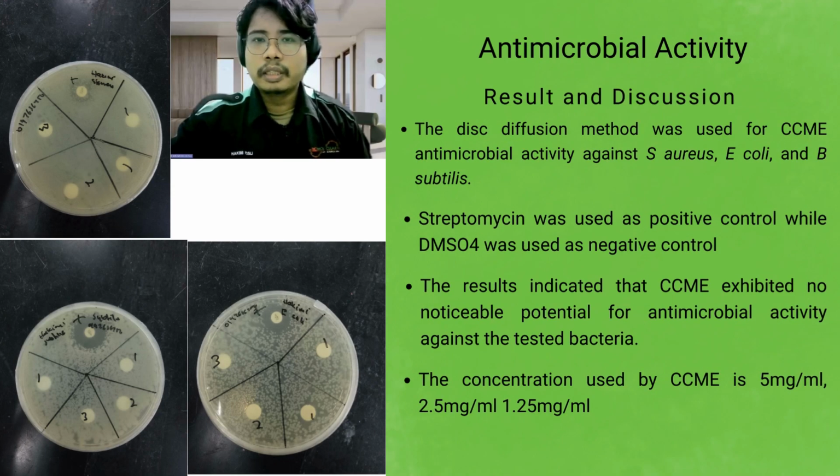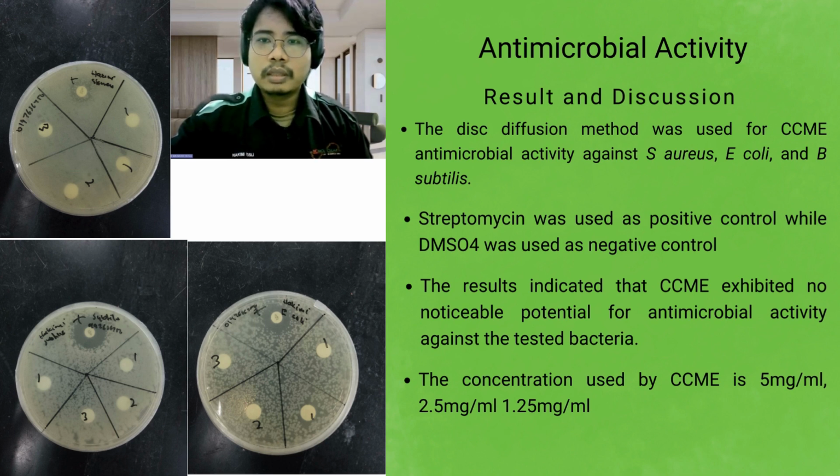And for the antimicrobial activity result, it indicated that C. citratus methanol extract exhibited no noticeable potential for antimicrobial activity against the tested bacteria, despite the presence of a clear inhibition zone for the positive control, which is streptomycin. And MgSO4 was used as negative control.